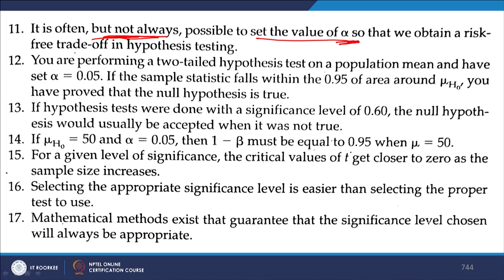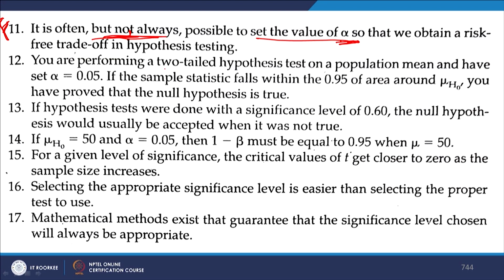In fact, it is always possible to set the value of alpha. So, this statement is false. You set the value of alpha a priori, before calculating t statistics or z statistics. Let us look at the next one.